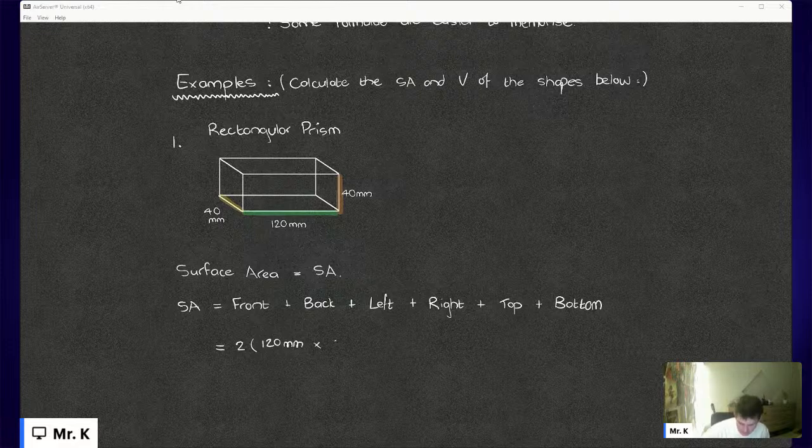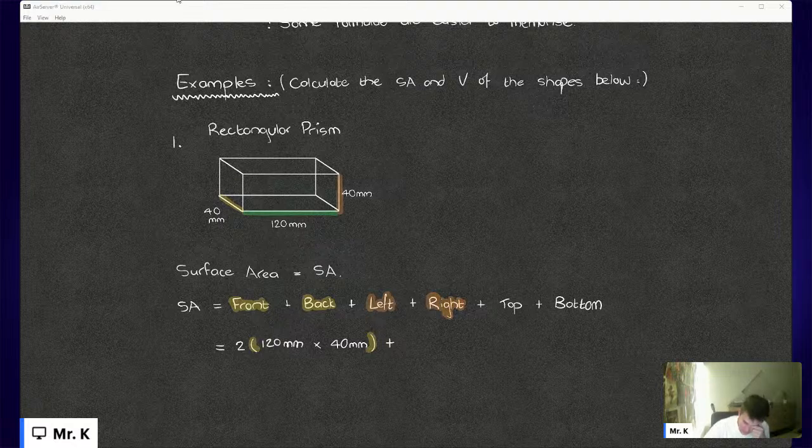Please keep in mind that opposite faces of a rectangular prism are going to be equal in size. 2 times the 120 times 40. This can be the front and the back of our shape that we are looking at right now. Next, maybe we want to discuss the left and the right-hand side.